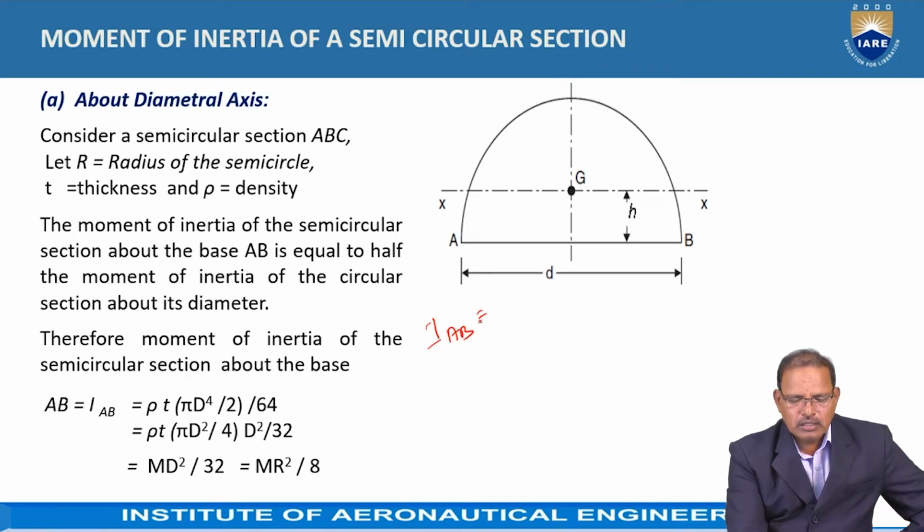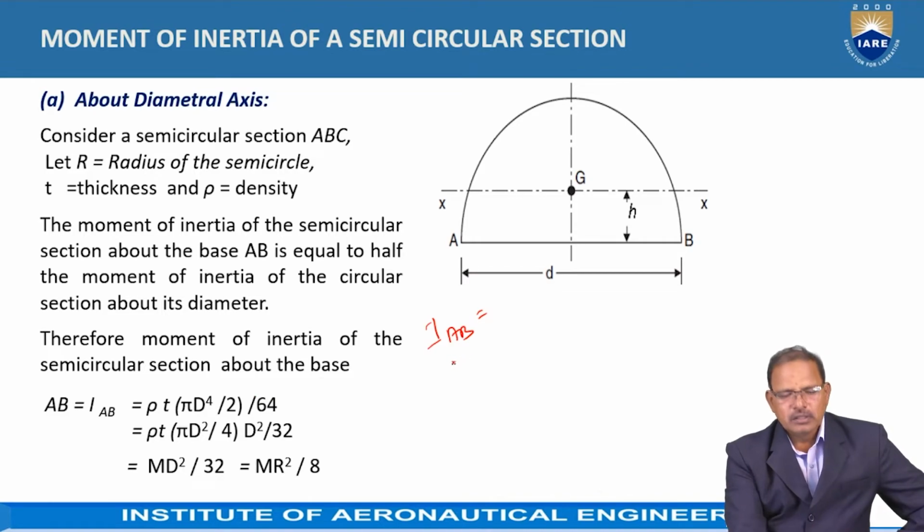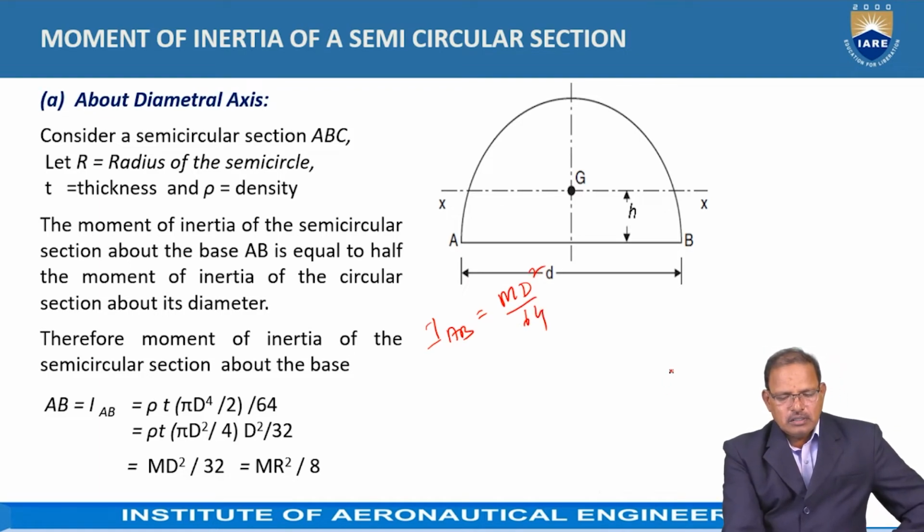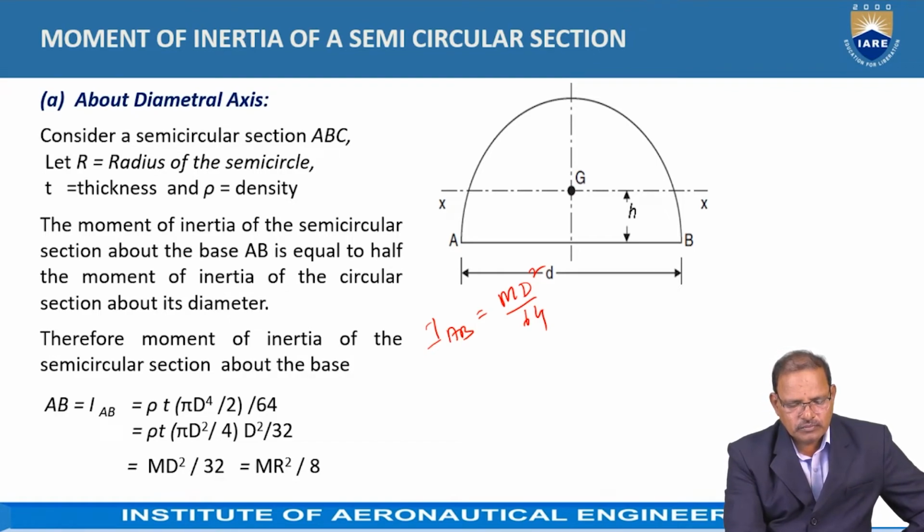we have rho T, that is pi d square by 2, divided by 64. That is, we have M d square by 64. So which is equal to, M is equal to rho T into pi d square by 2 divided by 64.